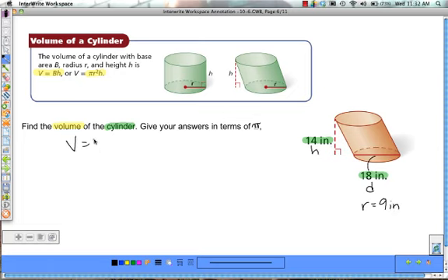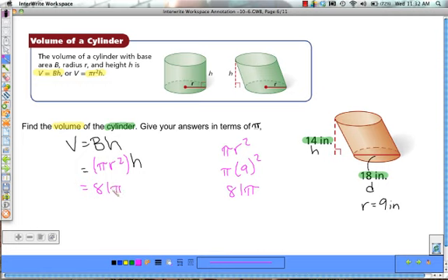So our formula, area of the base times height, we have to substitute in our formula for area of a circle. So we come over here to do our side work. We get that the area of the base is 81 pi square inches.